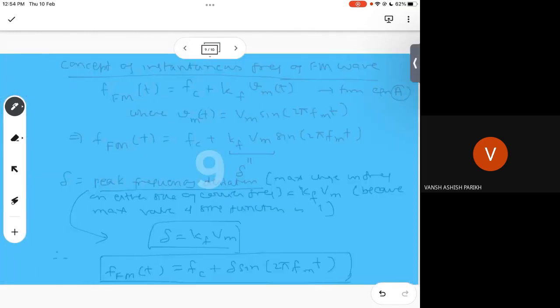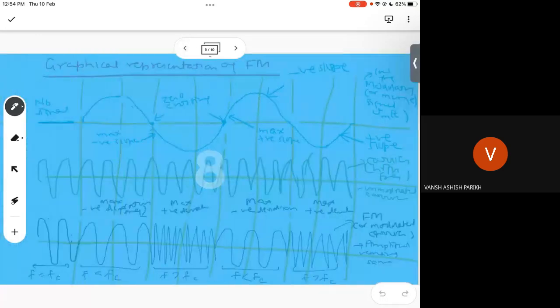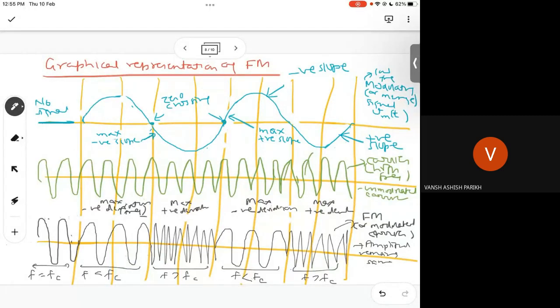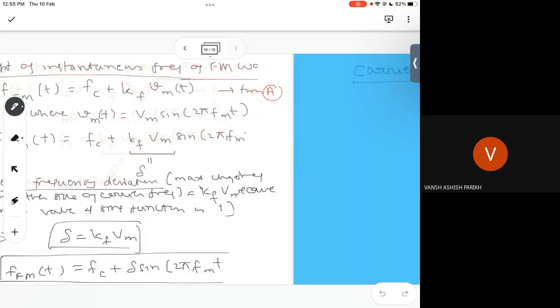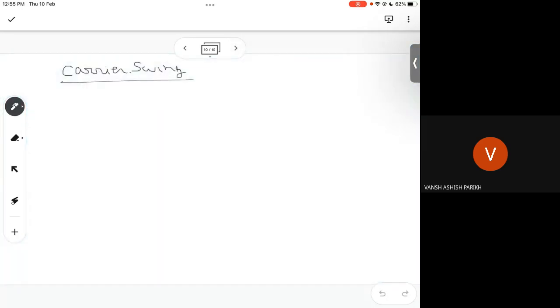If you see here, my carrier swing will be from peak to peak, from here to here. That means maximum to maximum or minimum to minimum. Peak means maximum or minimum, peak frequency deviation.